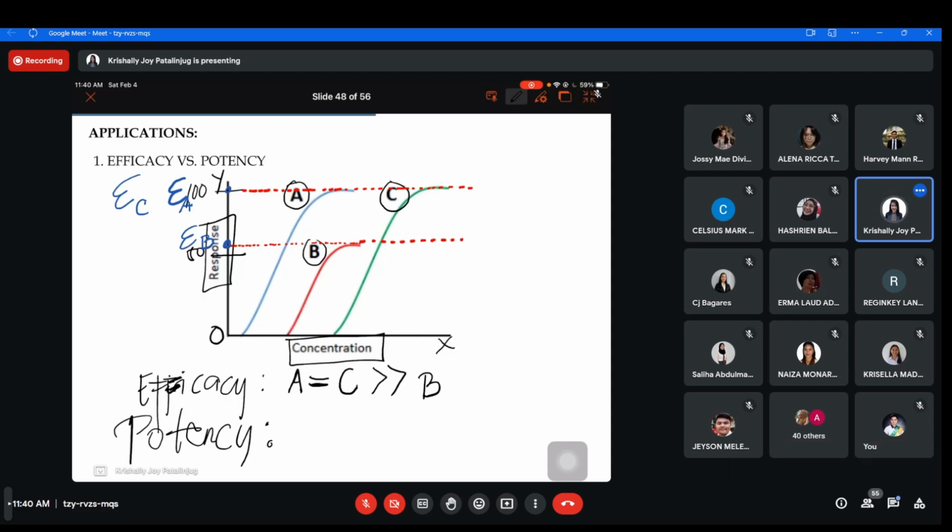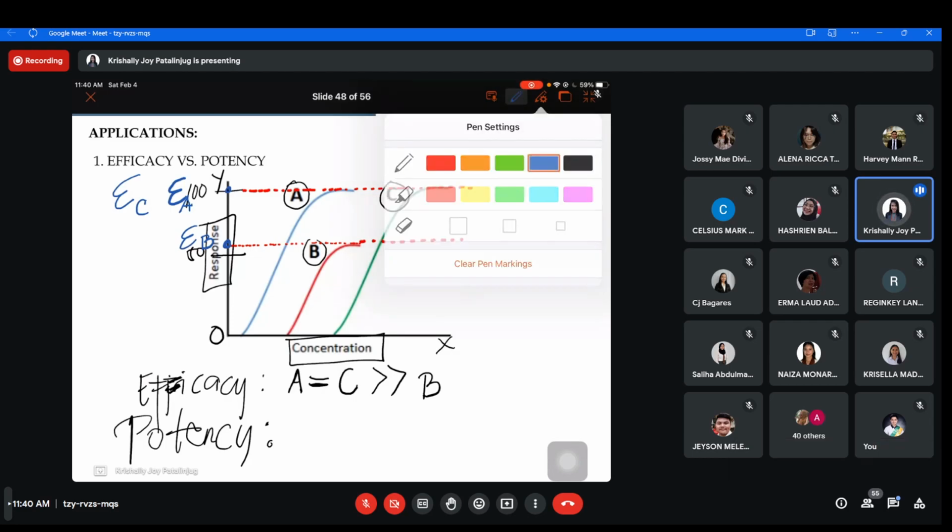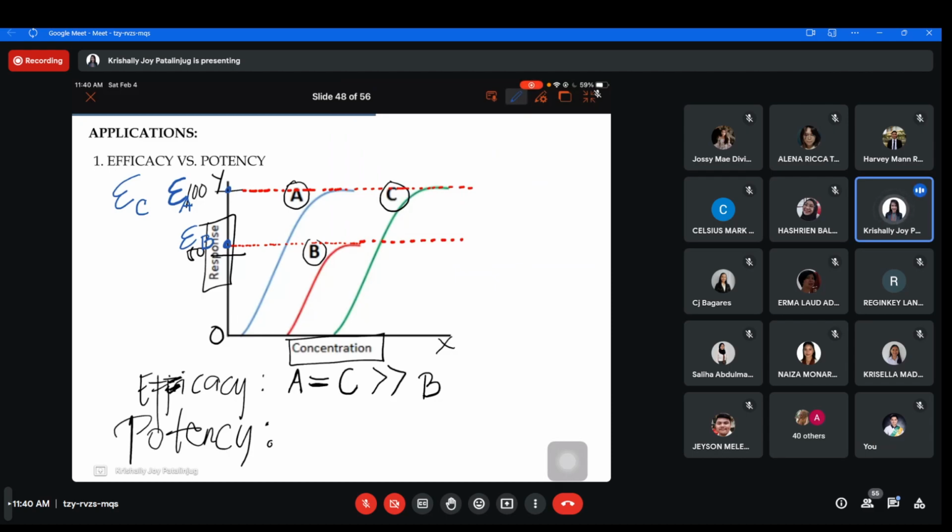O, tingnan ha. Okay, balikan yung potency. It should be 50%, dose required to attain 50% of the maximum response. Dose siya ha, yung potency is about the dose. Efficacy, it's about the response, so sa y-axis. So, let's start with drug A. Si drug A, ito daw yung efficacy niya.